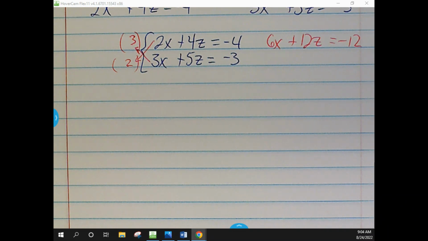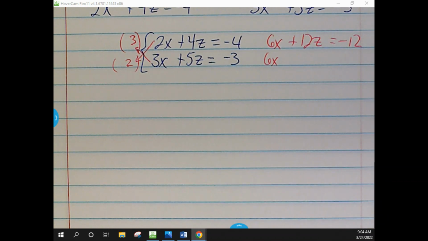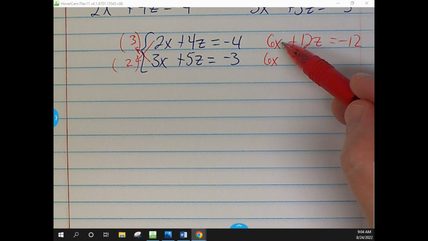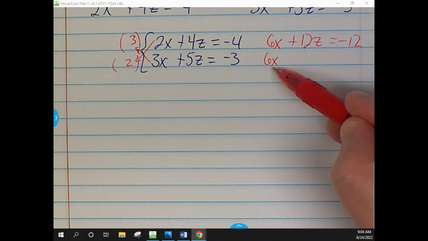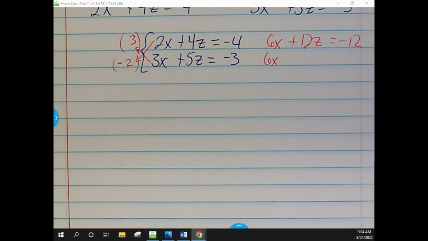All right, and on the bottom, if you multiply it by 2, that's going to be 6x, right? If this one's already positive, this one needs to be negative. So let's just go ahead and make it a -2, and that way we can do it all at the same time without having to go back and change the sign. So let's multiply by -2. So now we've got a -6x, which is what we wanted.